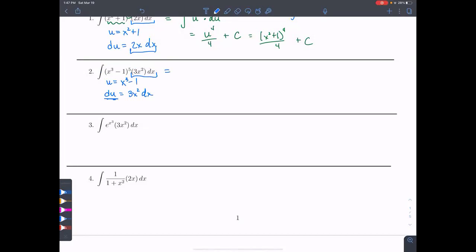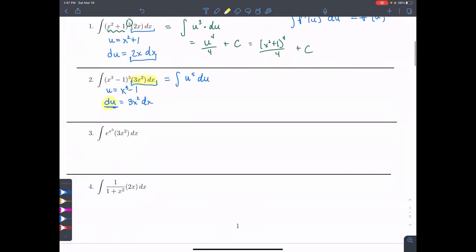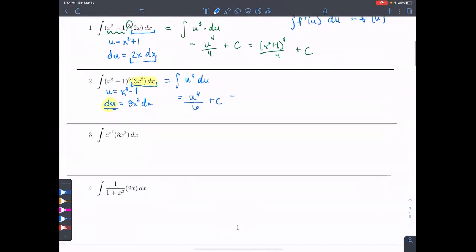So this is equal to the integral of u to the 5th du. So just like literally replace that. And then you have everything in terms of u, so you can just integrate. So this is u to the 6th over 6 plus c, which is going to be (x cubed minus 1) to the 6th over 6 plus c.